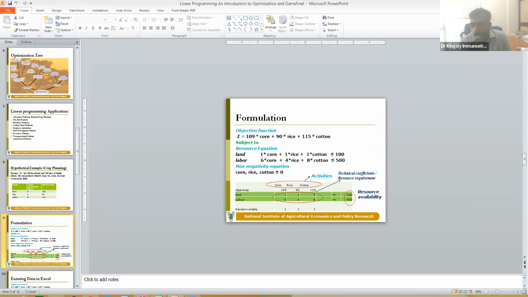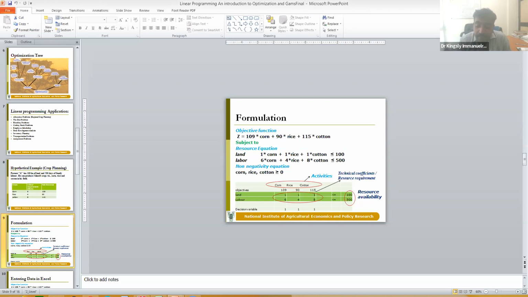The objective function, or your net revenue, comes in: either it is a maximization of net revenue or a minimization of cost, the cost incurred or the net revenue you realized. These we call the C function. Whatever comes in your objective function, we call it the C matrix. Then the resource availability, the matrix indicating resource availability, 100 and 500, is nothing but the B matrix.